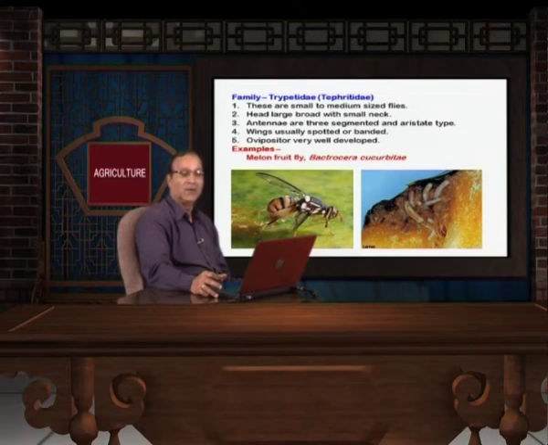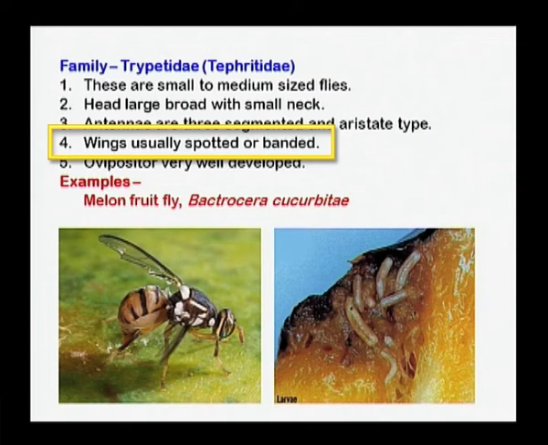That's why the name has been derived as aristate type of antennae, and that makes a peculiar or special character of the family. Wings are usually spotted, or provided with some spots, or in some members of the family they are also provided with bands of different colors.